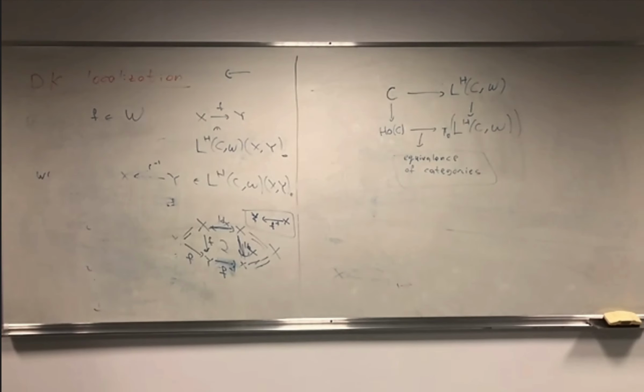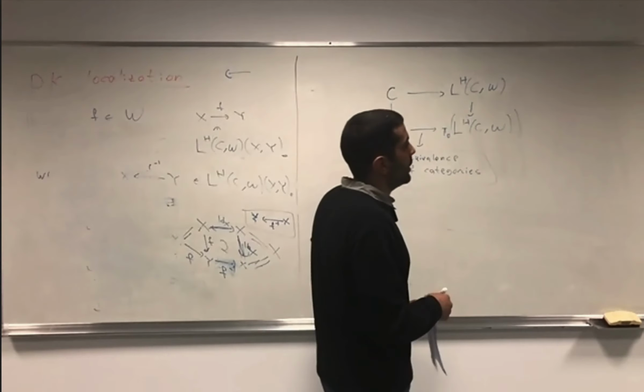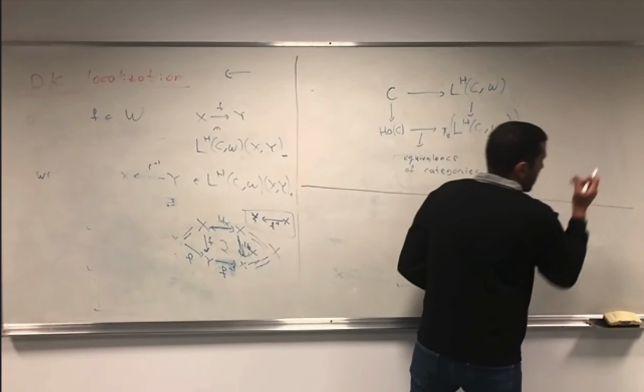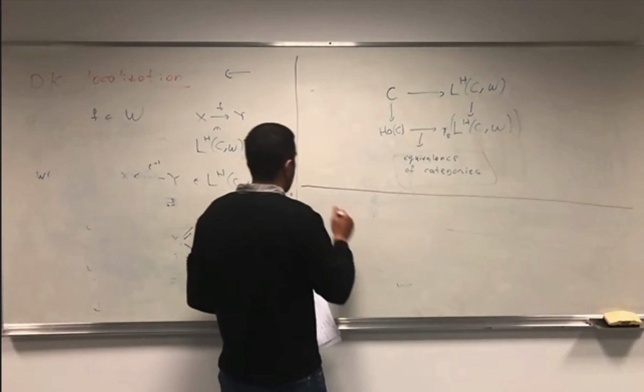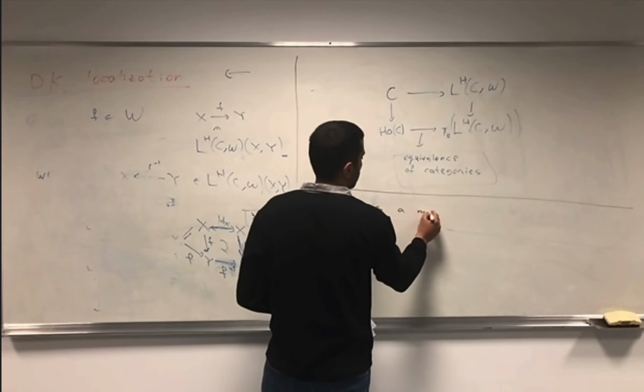Now there is another important property when we move to model categories, because so far we did everything when we just had a subcategory of weak equivalences. What if C is a model category?